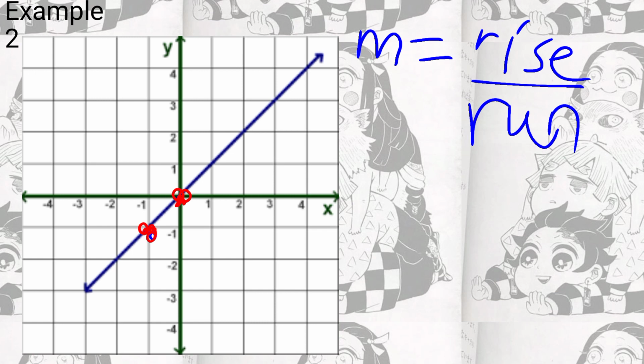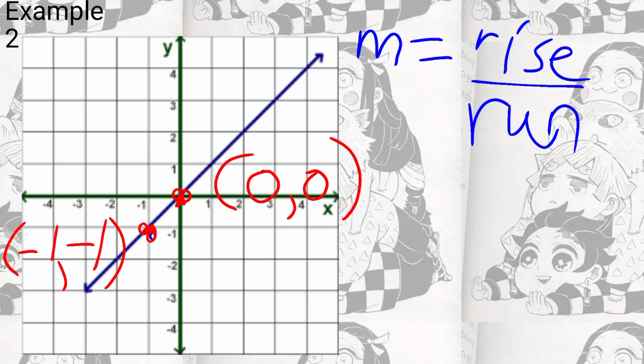So the coordinates of this point below in quadrant 3 are negative 1, negative 1. Here at our point of intersection, it obviously passes through the origin, which has the coordinates 0, 0.